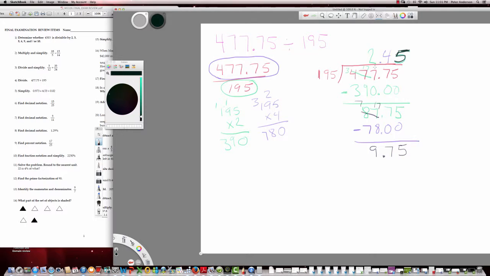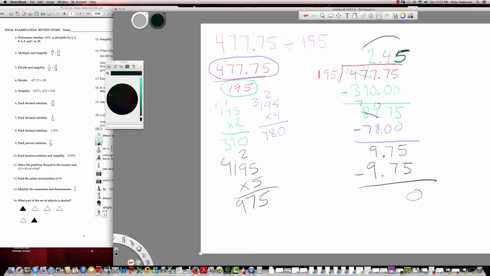Okay. So 5 times 195. That's 5 times 5 is 25. Carry the 2. 9 times 5 is 45. Plus 2 is 47. 5 times 1 is 5. Plus 4 is 9. Look at that. Matches up. And now when I subtract, I get 0. So the game's over.